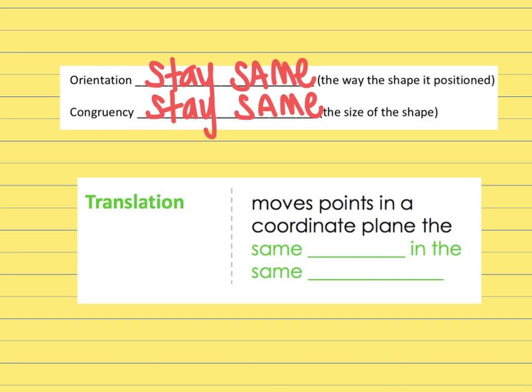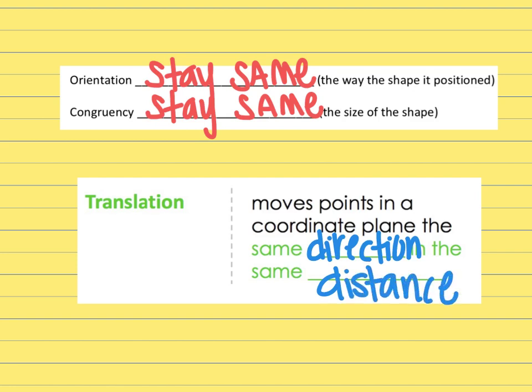And it doesn't really matter which order we put them in. In the same direction and the same distance. So all the points, if I say go to the left 4, they're all going to move the same direction and the same distance.